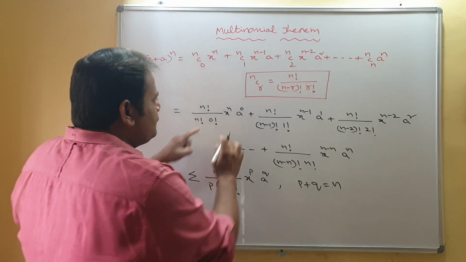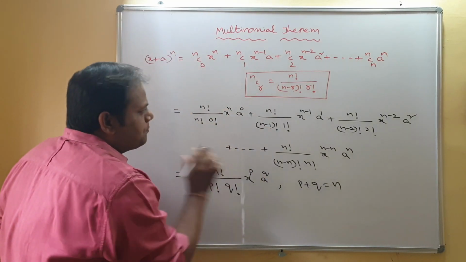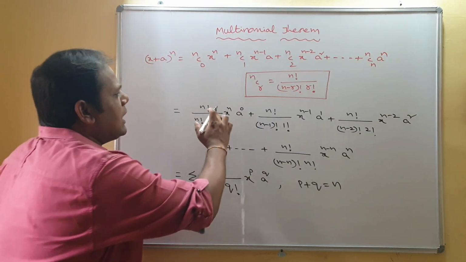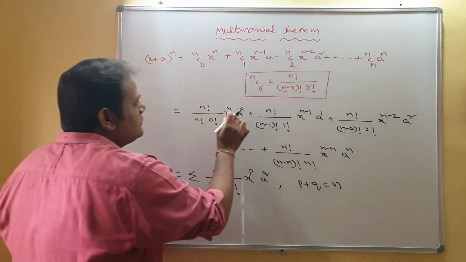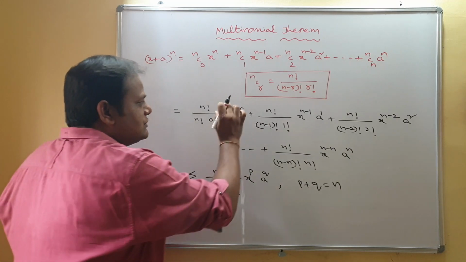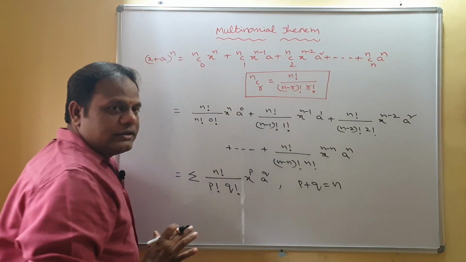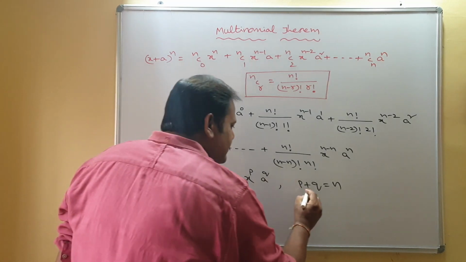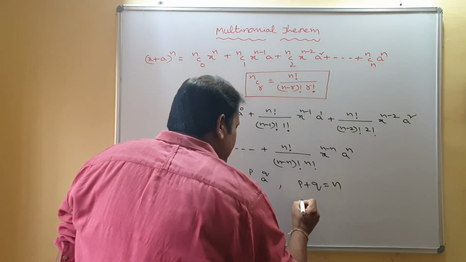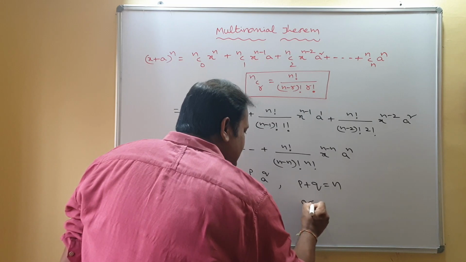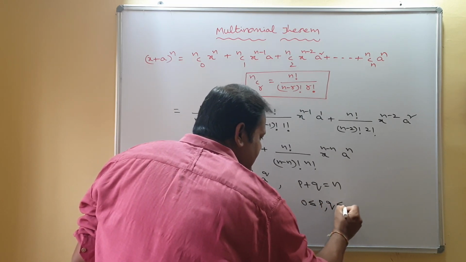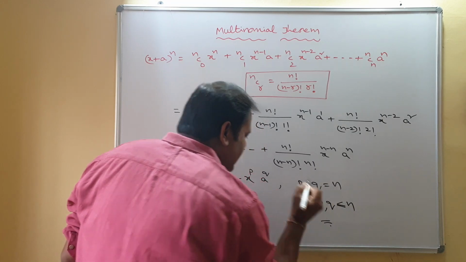And also p and q are powers. Once you observe, all the powers are between 0 and n only, both 0 and n included. So here p plus q equals n and 0 is less than or equal to p, q, which is less than or equal to n.